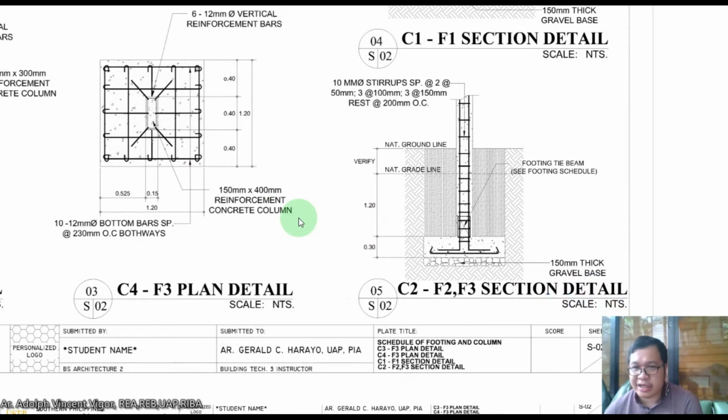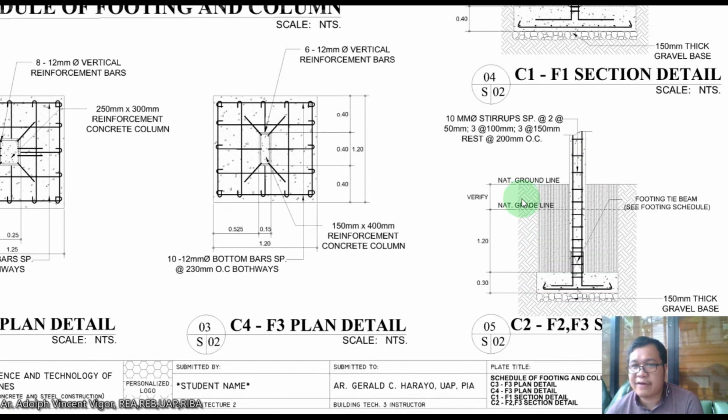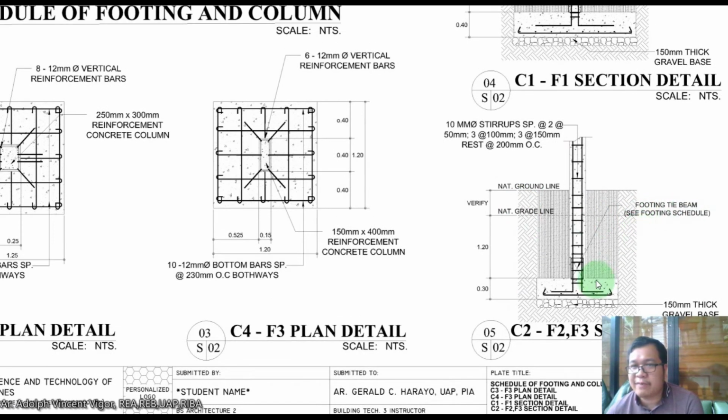So this is a section detail. Here you can find the natural grade line, which should be verified. And here you can find the footing tie beam. Your tie beam, class, is really important so that your structure underground is connected overall.